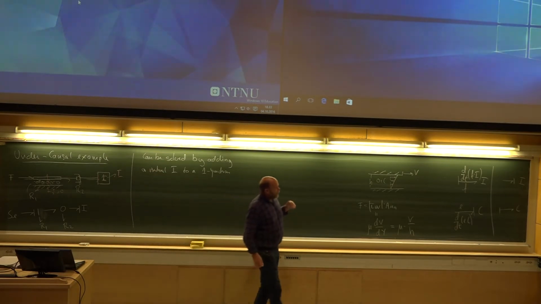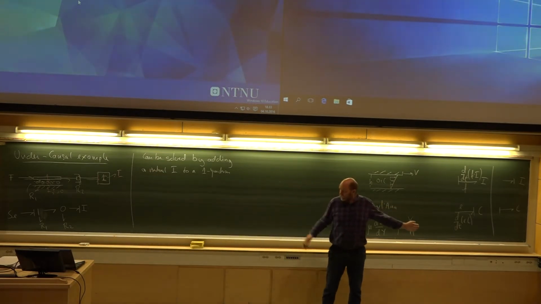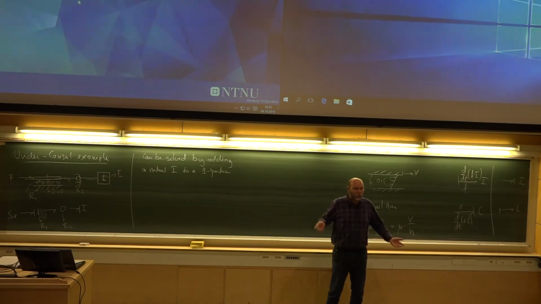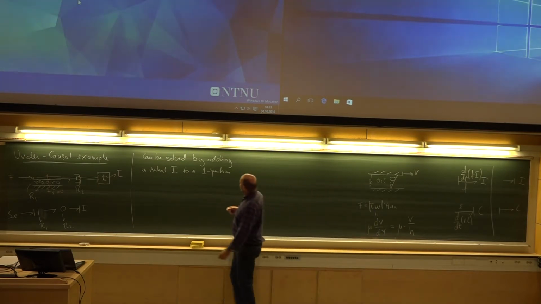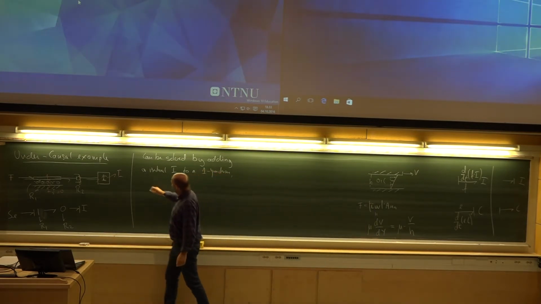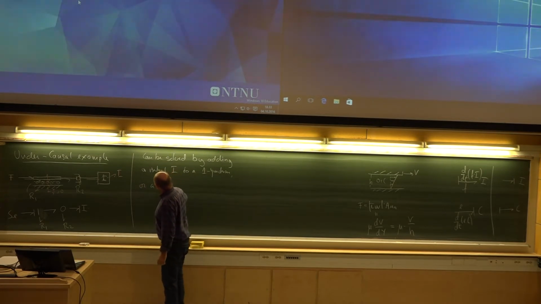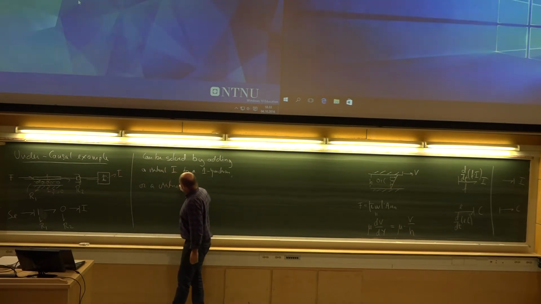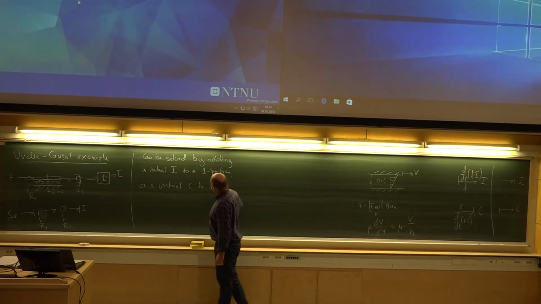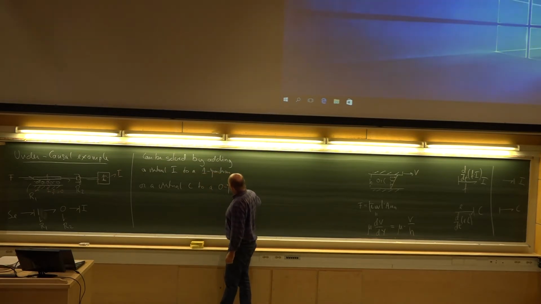Okay, if we now add a spring, add a C element to that zero junction, then he would be satisfied. So we have either this one, or a virtual C to a zero junction.